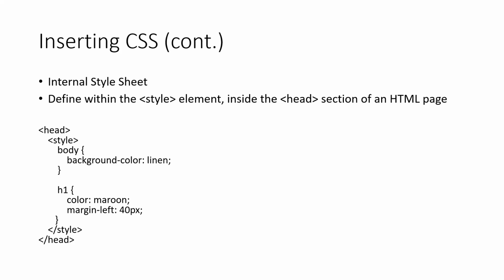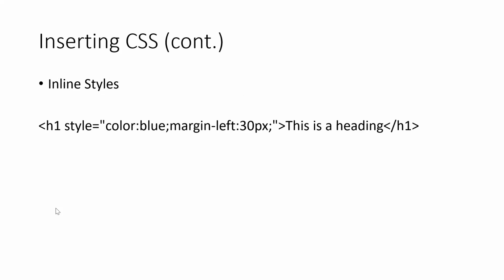So now we have discussed two ways of inserting style sheets. External style sheet, that means you create a separate file. Internal style sheets, where you include the commands within style and /style. And the third one, which we have already discussed in the previous session, is inline styles, where we put the style attribute, and within that we define CSS commands, right?